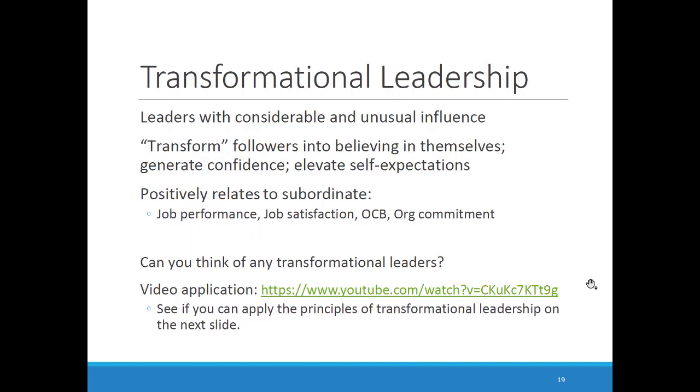Like I said, transformational leaders are leaders with considerable and unusual influence. So now we're going to spend some time talking more about transformational leadership and what that looks like. Transformational leadership is said to allow a leader to transform their followers. How do they transform them?